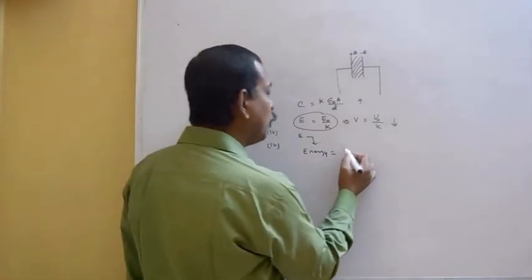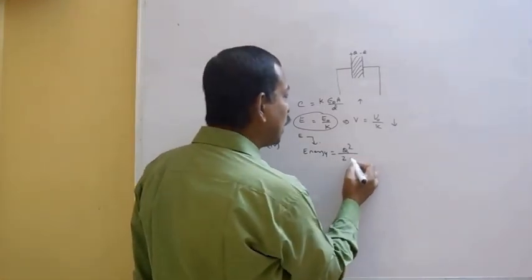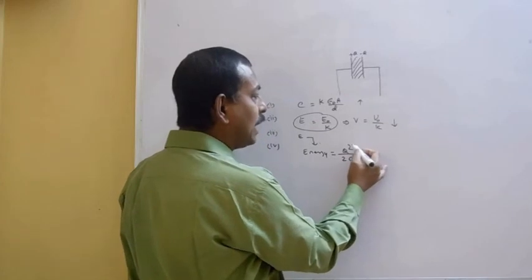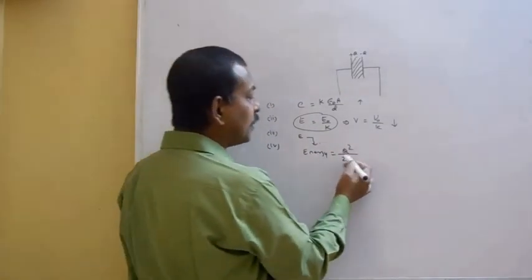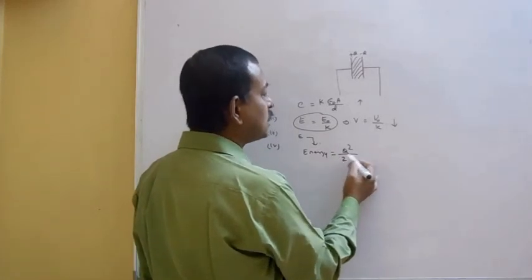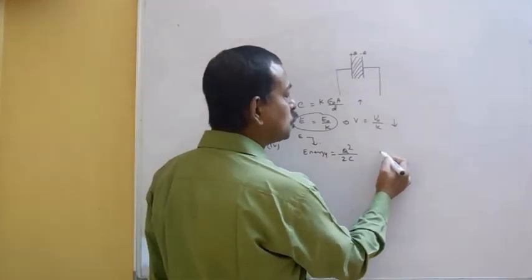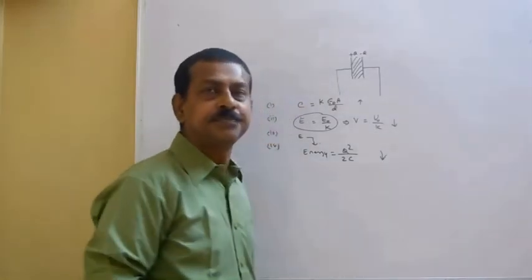So in this case, we will use the formula Q square by 2C, where Q is same. So obviously, if the capacitance of the system is increasing, the energy stored will decrease.